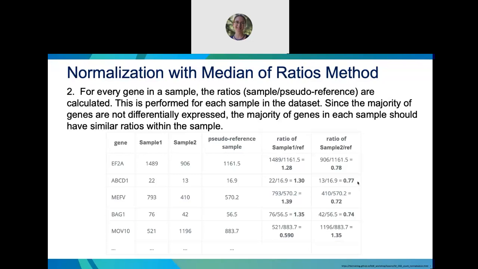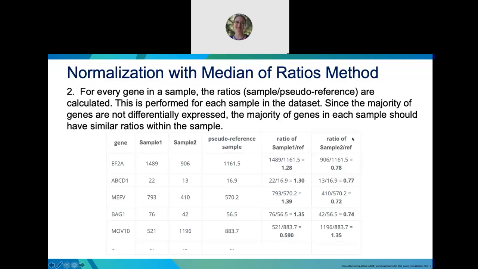So by calculating the geometric mean and then taking these ratios, we're going to end up with ratios that are pretty similar. So you can see for most genes, the ratios within sample 1 are close to 0.3. So 0.28, 0.13, 0.39. But then down here, MOV10 is a 0.59. Okay, so that gene is looking a little bit different.